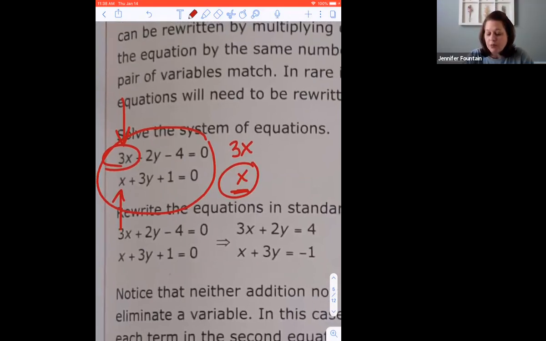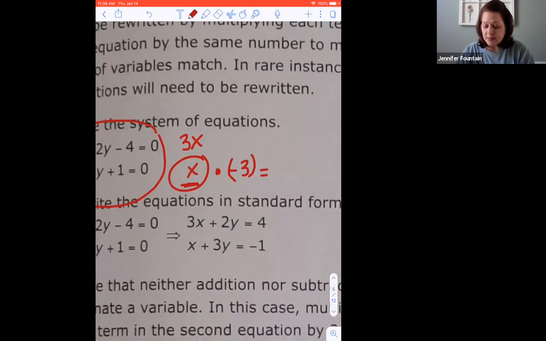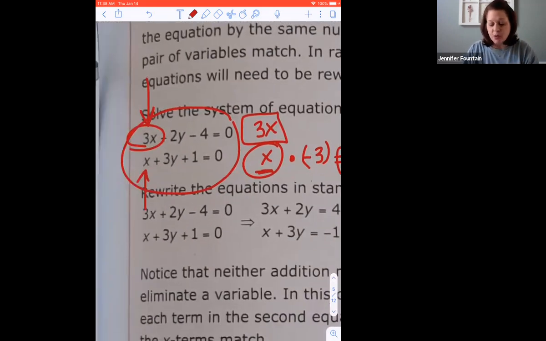What I would want to do is multiply by a -3, because remember, I need it to be 3x together. So I'm going to use multiplication. So x times -3 is -3x. So notice now I have 3x and I would have -3x. But I could not just multiply my first term by -3. I have to multiply every single term.